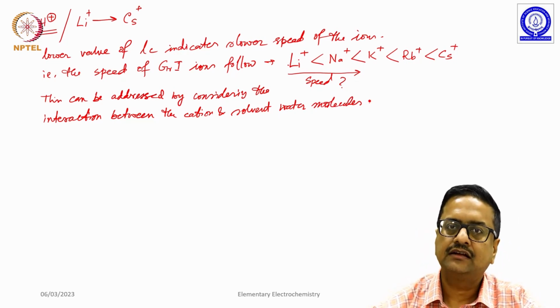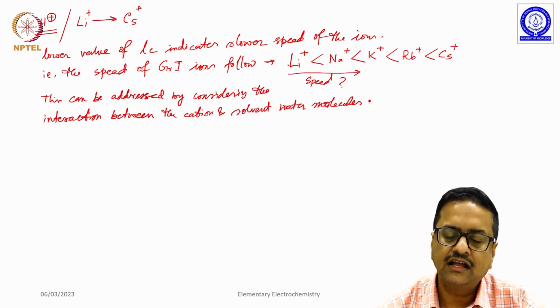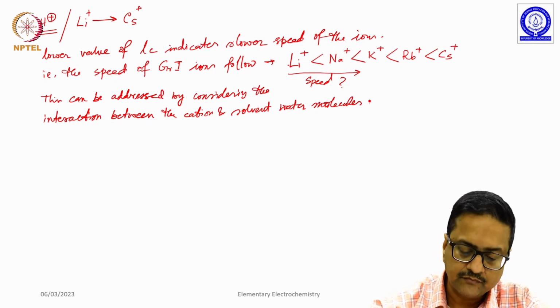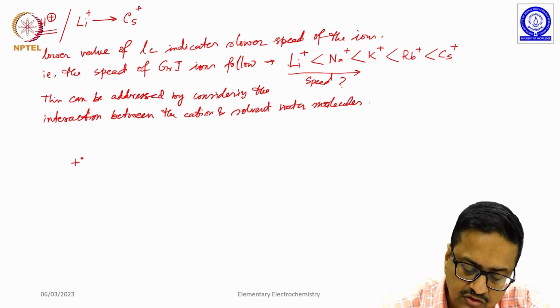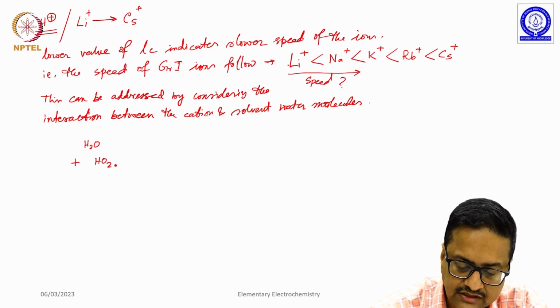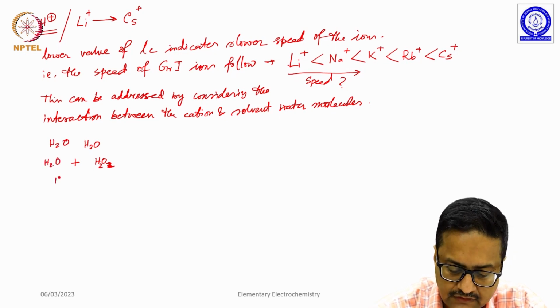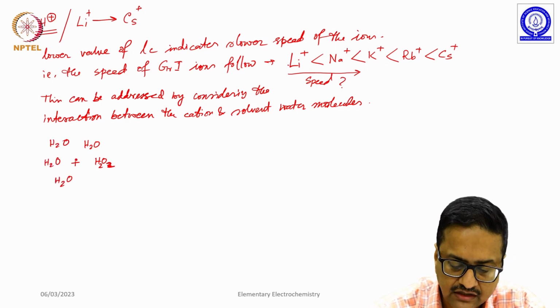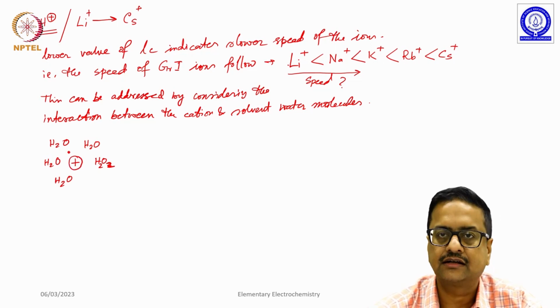Because you see, the cations in solution don't stay as independent ions. All the cations will be associated with solvent water molecules around them. Lots of water molecules will be associated with the central cation.